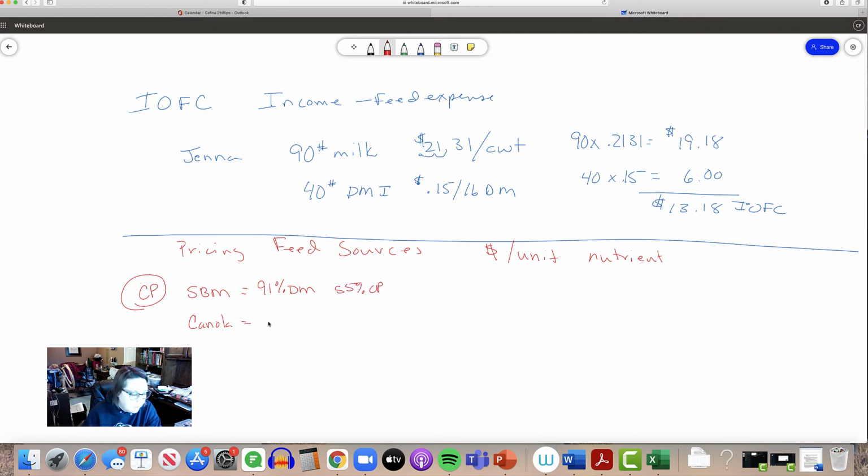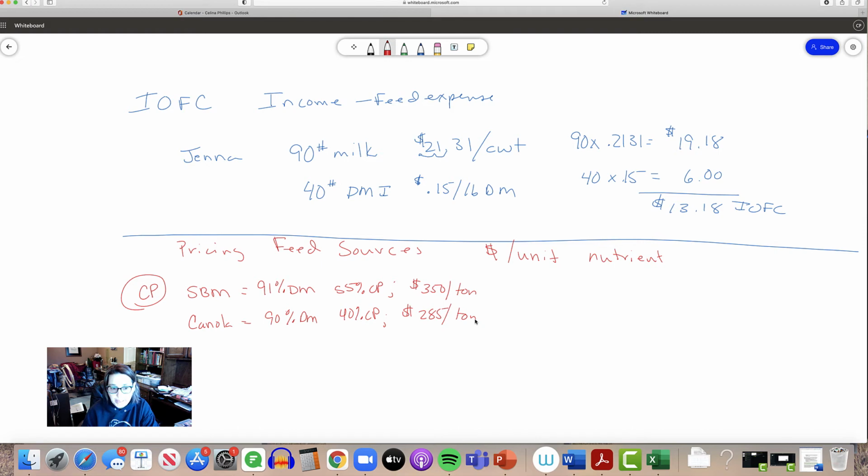If I look up canola, it is 90% dry matter and 40% crude protein. And if we have the cost for both of these, say the soybean meal is costing $350 per ton, and the canola is costing $285 per ton, the question is, which one is cheaper to put in a ration?